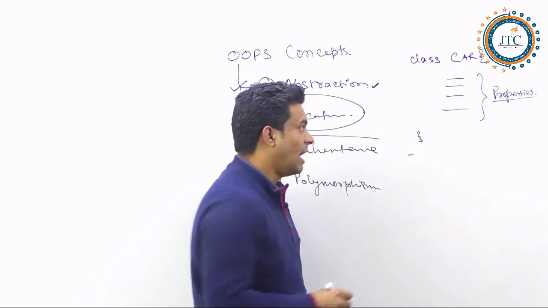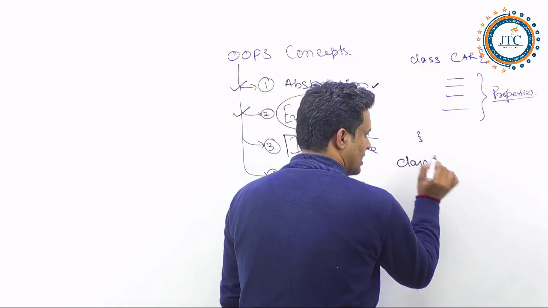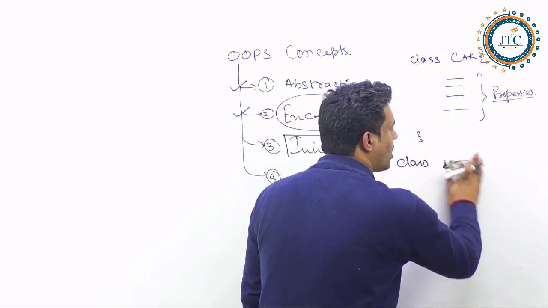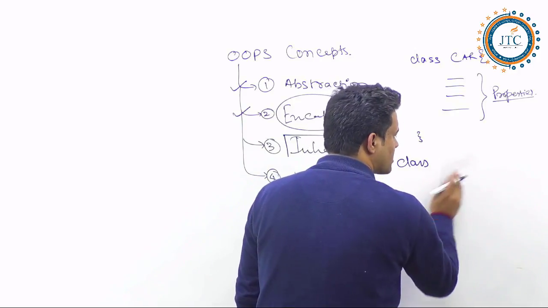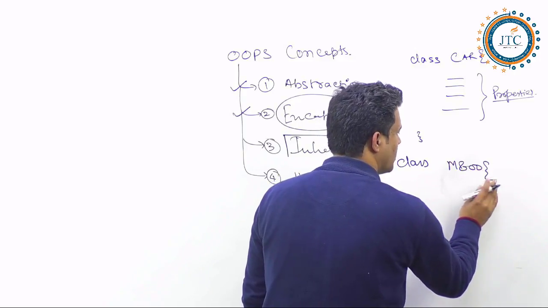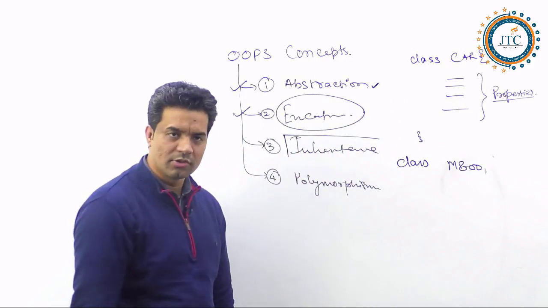So suppose I am writing a class called Car. Then I write here, say, Maruti 800, one car. This Maruti 800, what is it going to do?